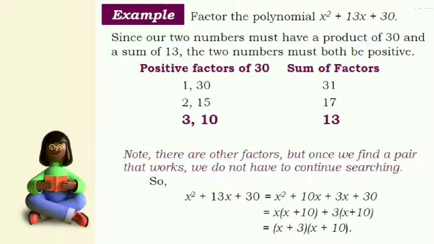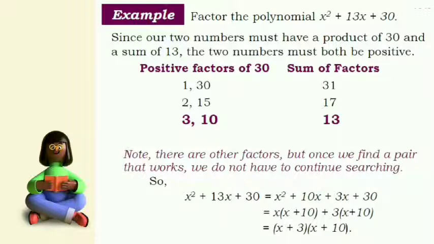If we add 1 and 30, that will be 31, so that is not the answer. 2 plus 15 will be 17, so that is not the answer. 3 plus 10 is 13, so that will be the answer. Note, there are other factors, but once we find a pair that works, we do not have to continue searching.